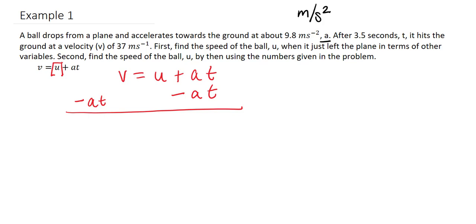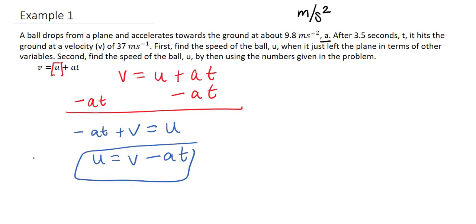Then let's rewrite this. We have -at plus v is equal to u. Or if you want to switch these, you can go u is equal to v minus at. That's how we would rewrite this in terms of just the variables.